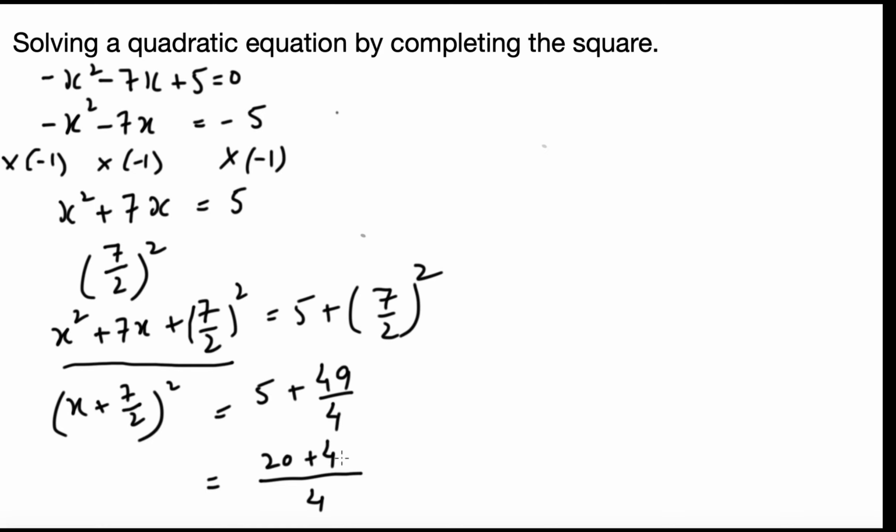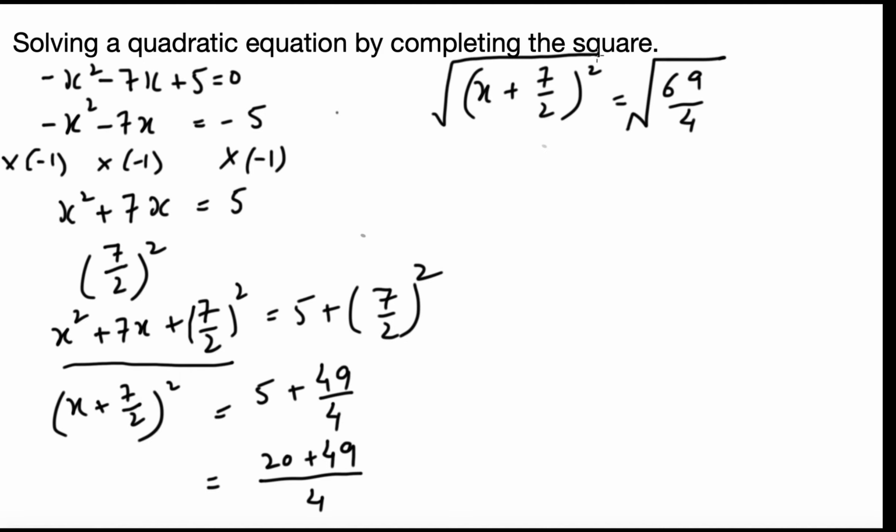It's going to be 69 over 4. Take the square root on both sides. It's going to be 4.